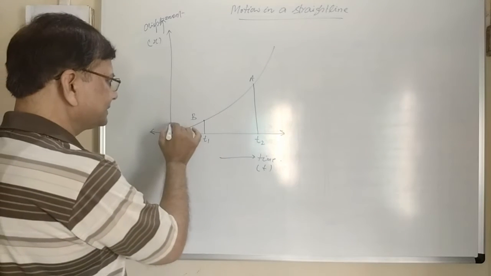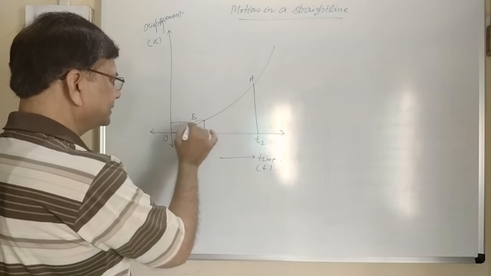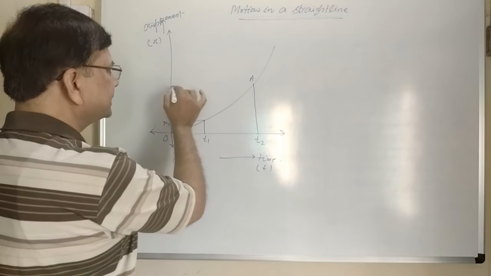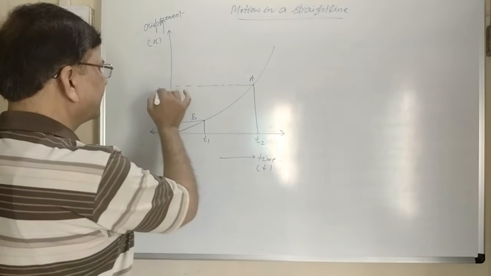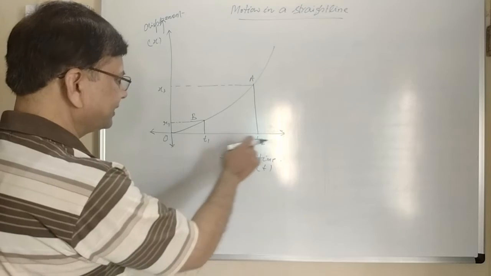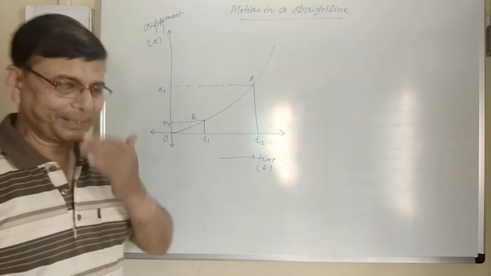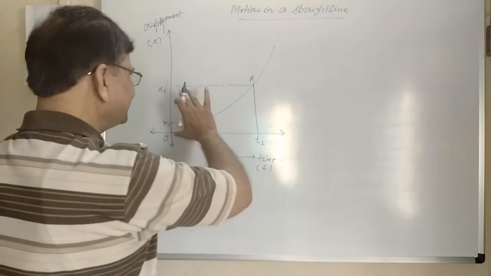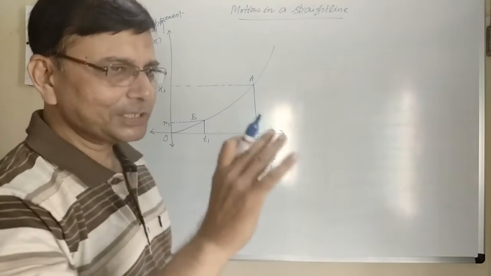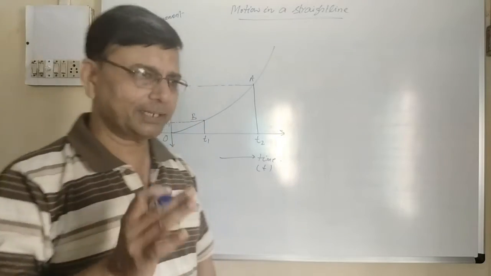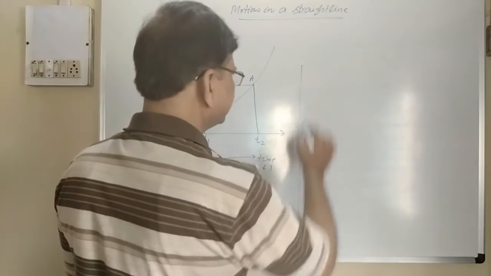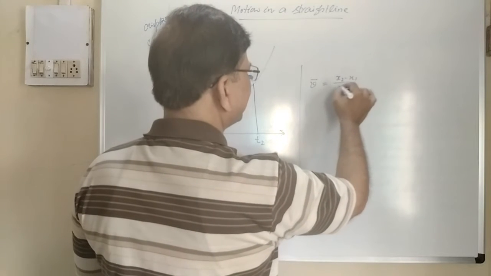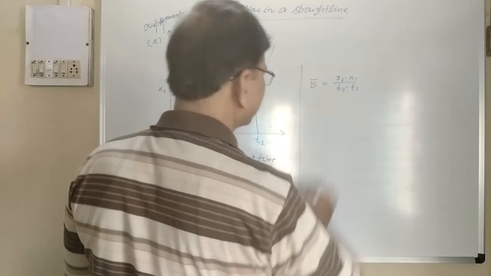Suppose this is x1 and this is x2, and it is t1 and t2. So the displacement time graph is this. What is the significance of x2 minus x1 upon t2 minus t1? We know that average velocity is x2 minus x1 upon t2 minus t1.